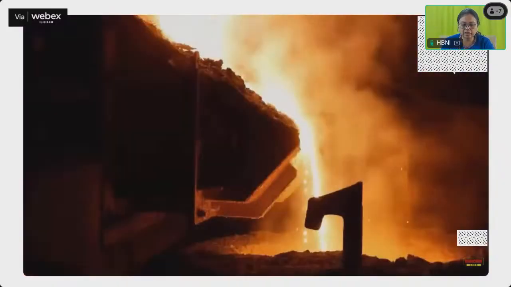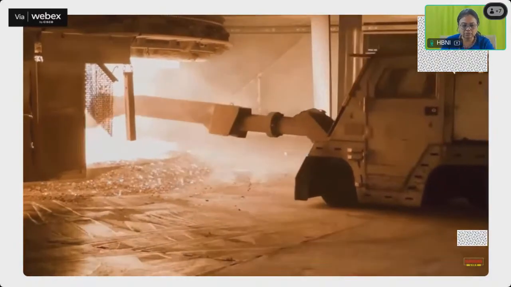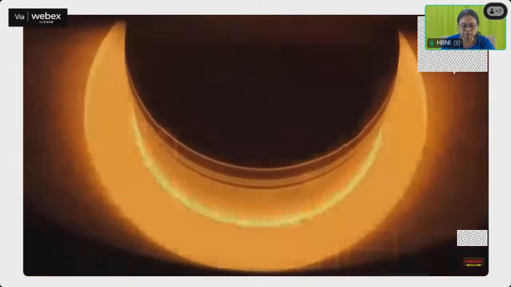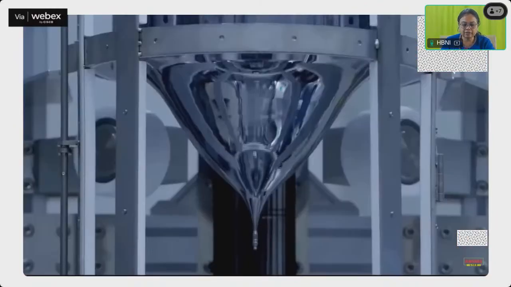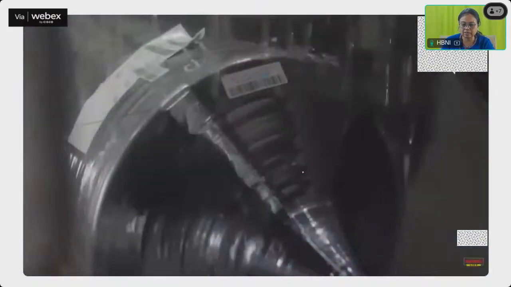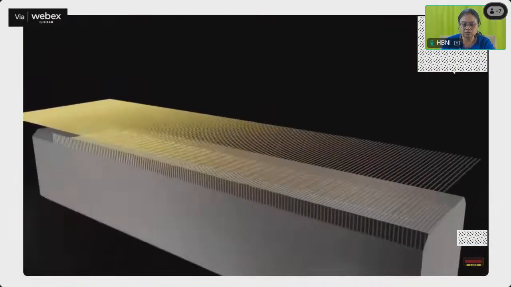We use very high temperature furnaces, and reduction of oxygen is done using different processes, carbothermal and other chemical processes also. This is a very high temperature process, and then the silicon is grown into a single crystal. So you see this is the single crystal silicon, and this crystal is now cut into wafers because we want wafers.